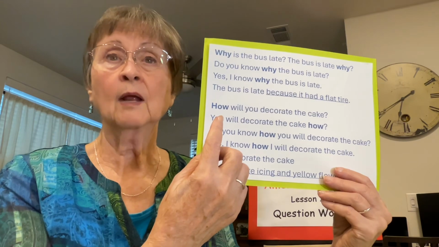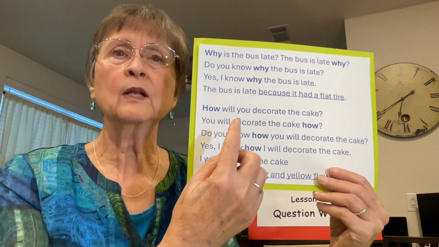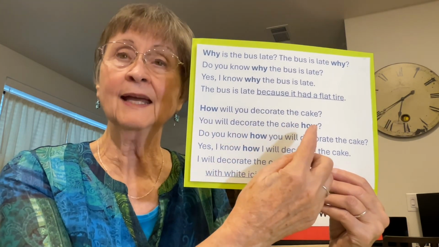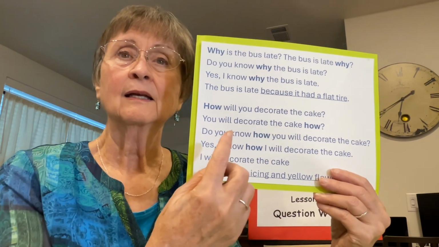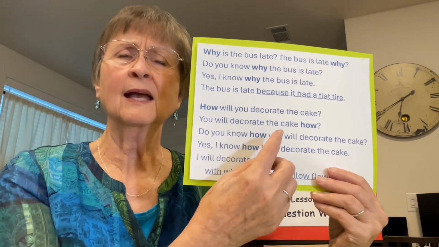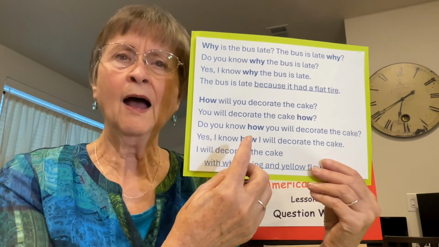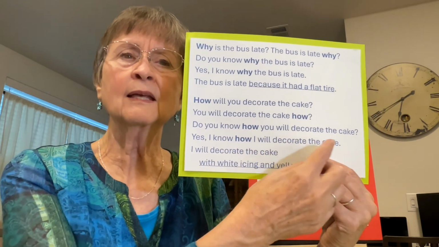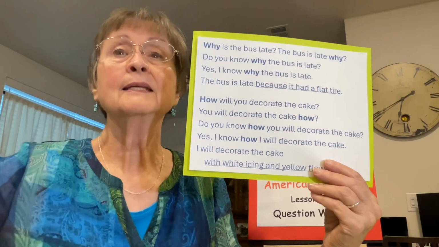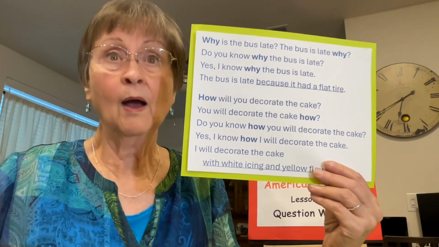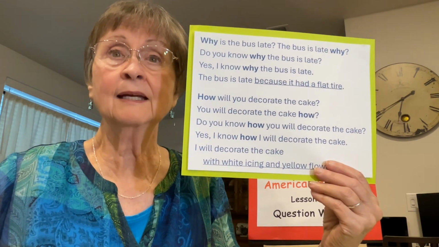Here's the question word, how. How will you decorate the cake? You will decorate the cake. How? Do you know how you will decorate the cake? Yes, I know how I will decorate the cake.